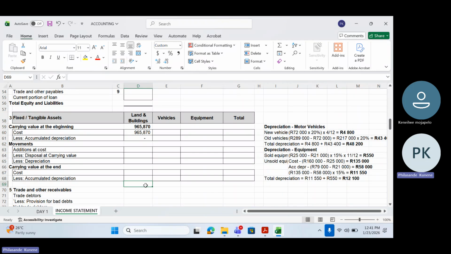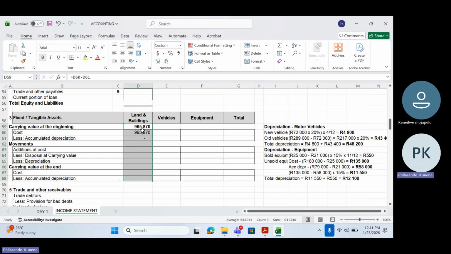But when you go to university and you further your studies, you will know that land does not depreciate, but buildings do depreciate. You get what I'm saying? The reason why we're not depreciating this land and buildings is because both of them are combined here. There's land, there's buildings, and we don't know how much is for buildings or how much is for land.